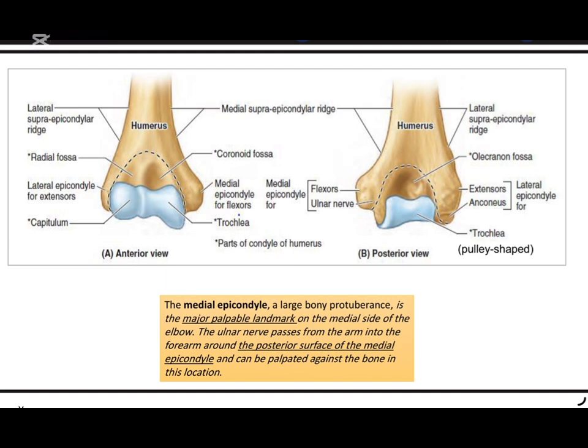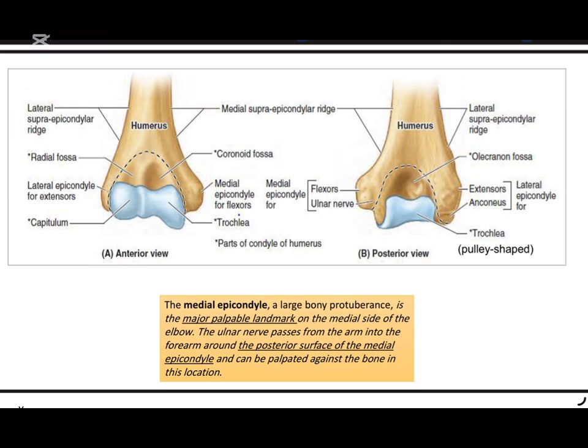Okay? Then on both sides, on the side of the trochlea, I have the medial epicondyle, and here I have the lateral epicondyle. Then when I move to the top from the medial epicondyle, I come to a roughened area, I call it the medial supraepicondylar ridge, and here I have the lateral supraepicondylar ridge.